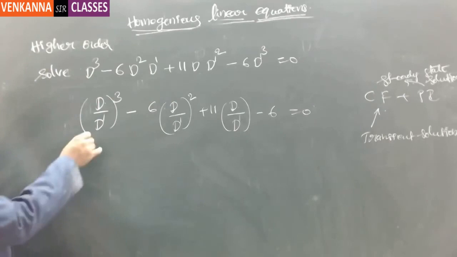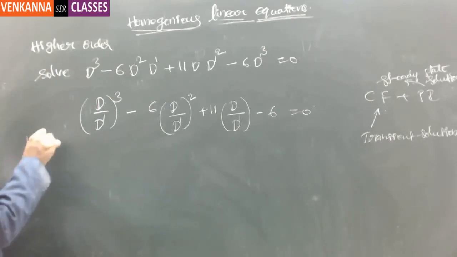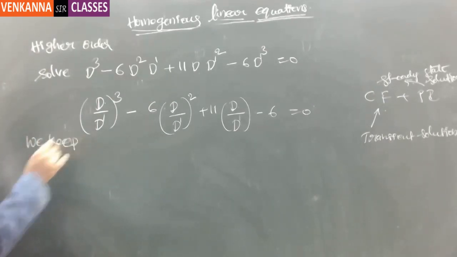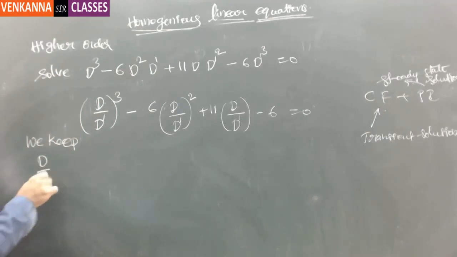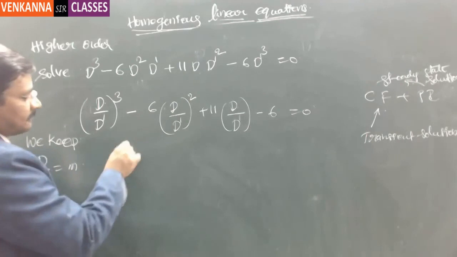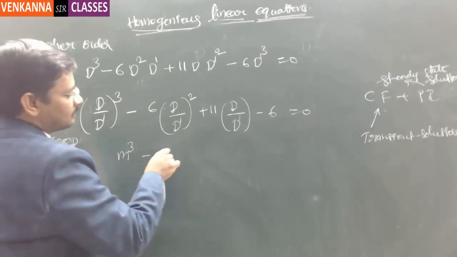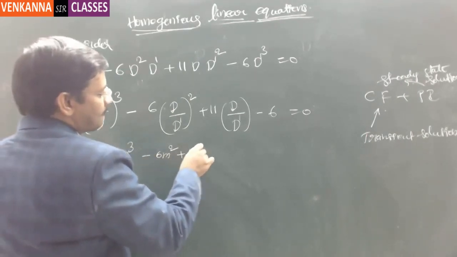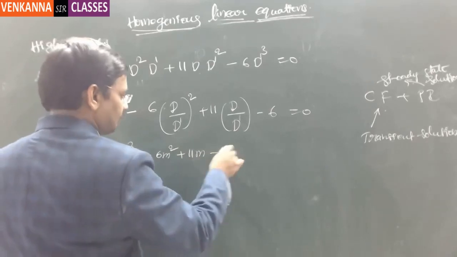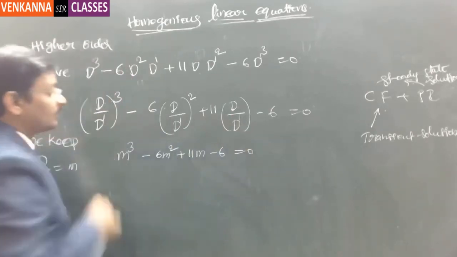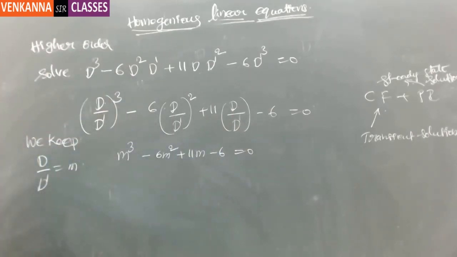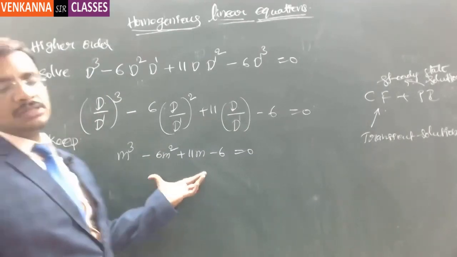And then usually we put D by D dash equal to m, and this becomes m cube minus 6m square plus 11m minus 6 equal to 0. Now this is the auxiliary equation.